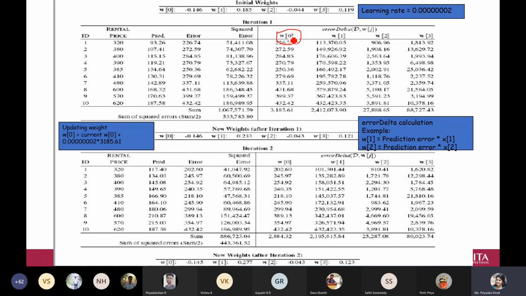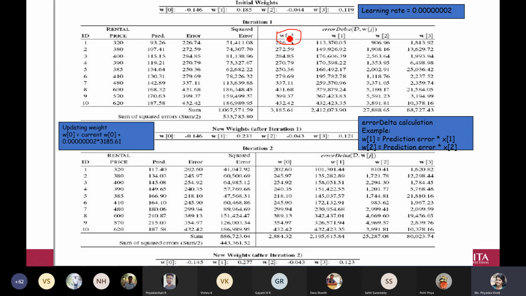So this term, you can write as delta W naught, something like that. If you see this W naught, we cannot use it here. In the process of calculating W naught, this is what is calculated. So this is actually D comma W naught, when you multiply your D, which is your instance, your X value, into your error value.